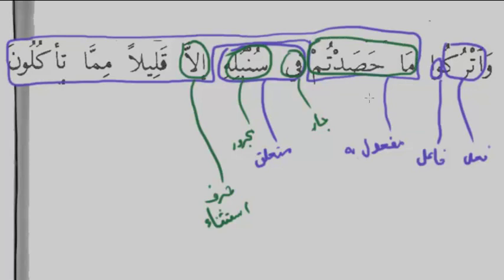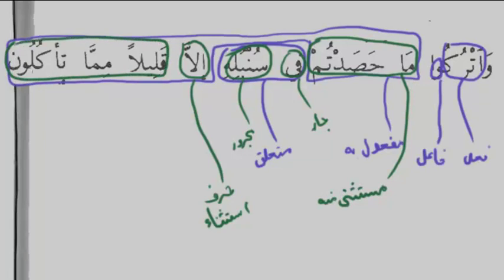I'll pause a minute and refresh your memory on exactly what this is. One second. Mustathna minhu, and over here we have the mustathna. Now let me go ahead and quickly define for you what exactly is a mustathna.